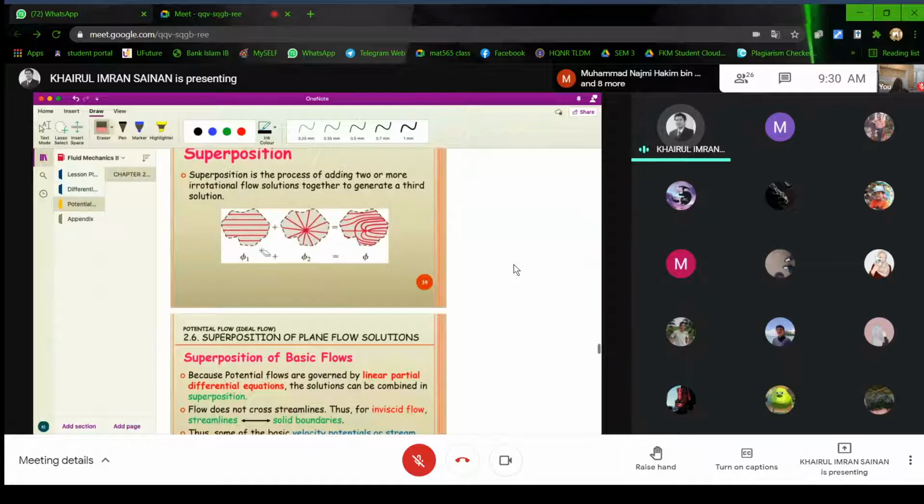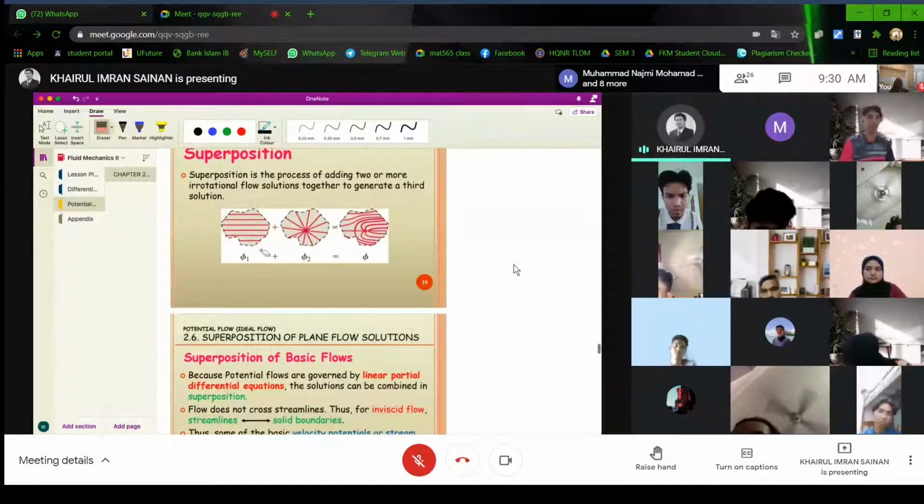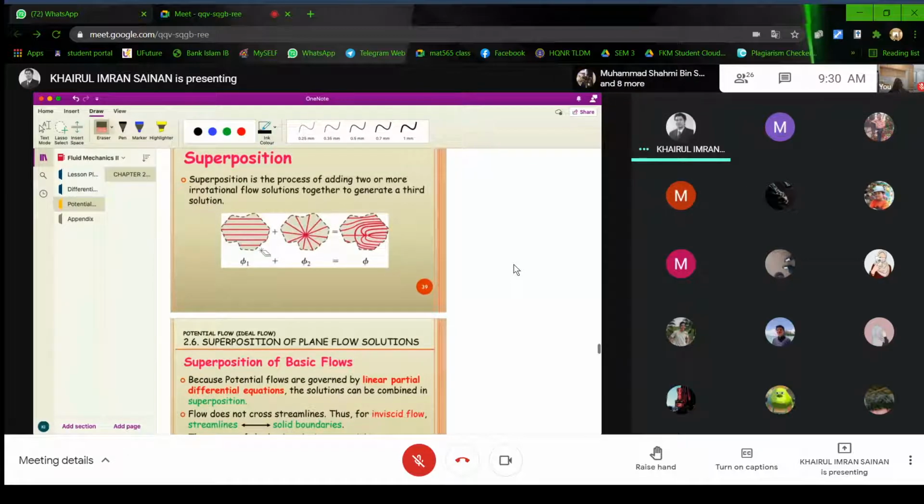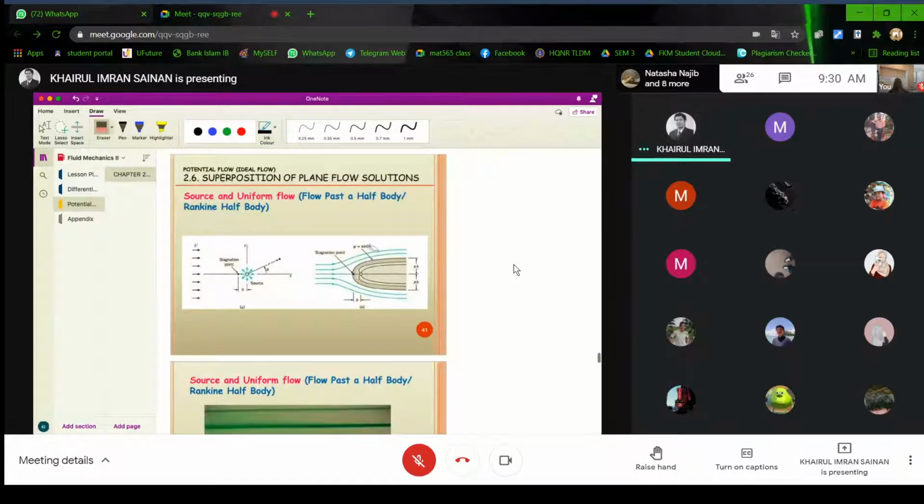Okay. The other thing is we try to give a name for it. So this one, we call this a Rankine half body. So again, what you want to determine is the psi and the phi, like what we did just now.